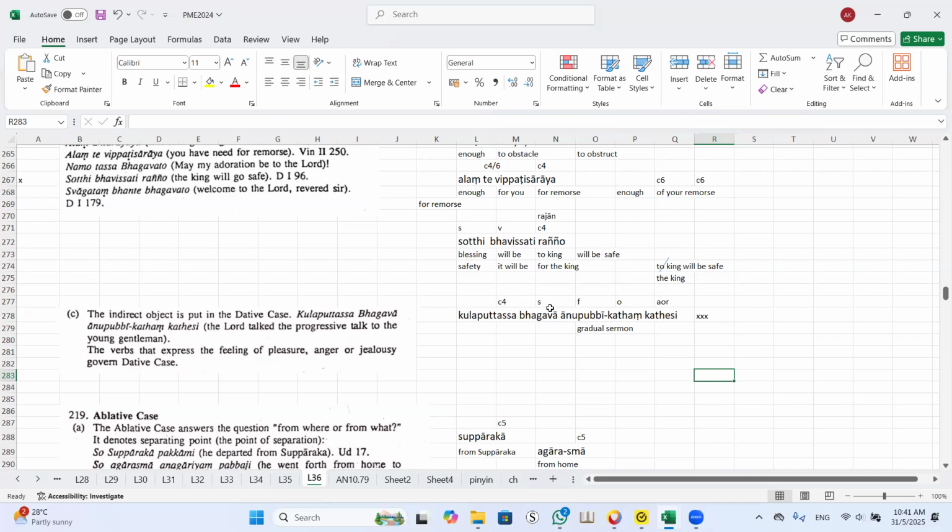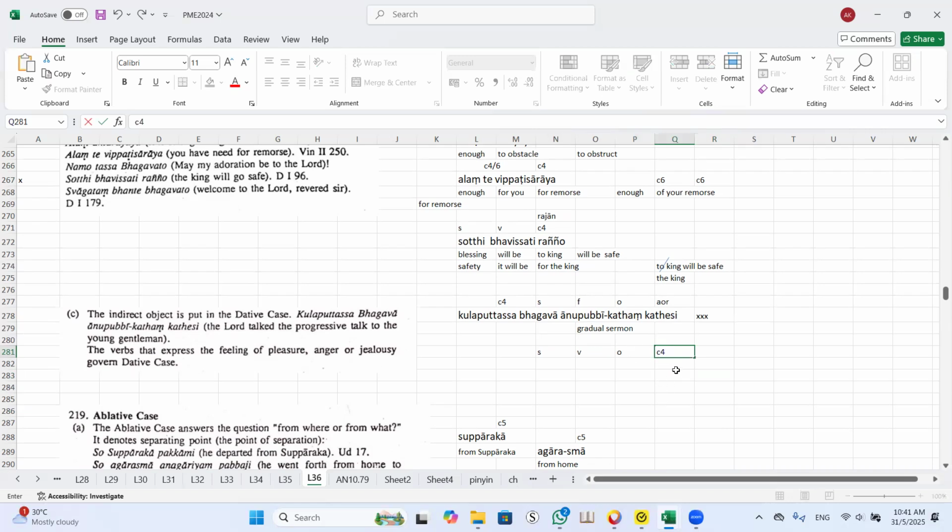That means this is a subject, Bhagavan, the fortunate one, katesi. This is the verb. Talk. This one is a gradual sermon. Subject, verb, object, indirect object.